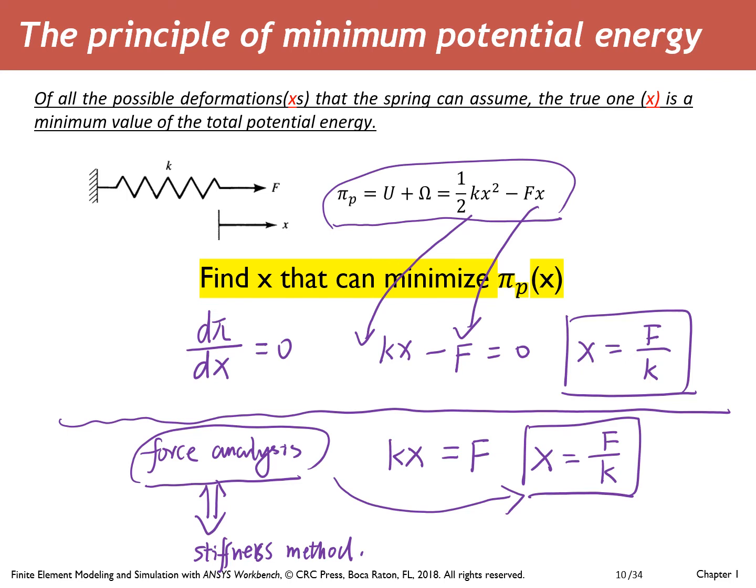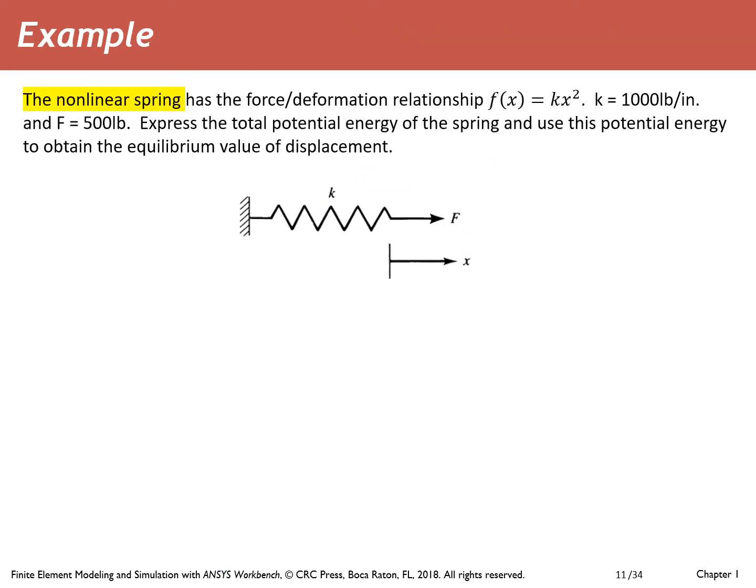You might get the sense that the energy method has no advantage for a simple system. But when the system becomes complicated, the stiffness method becomes too mathematically hard to deal with, and the energy method will show its advantage.